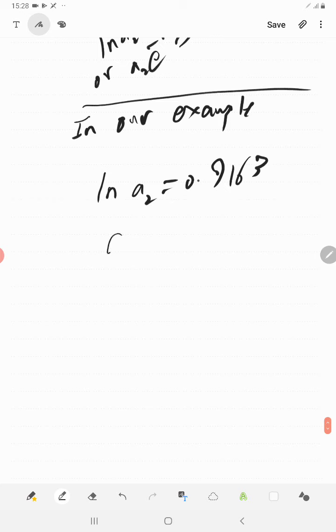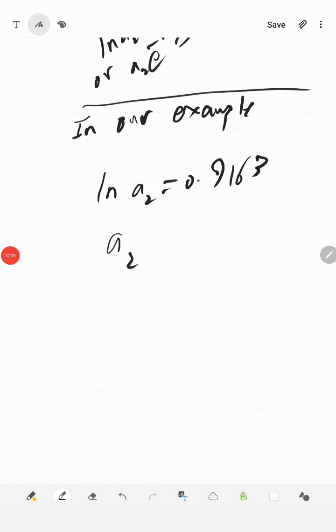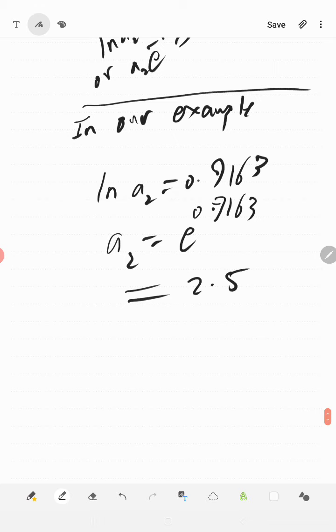A2 is equal to e to the 0.9163, which is, I think, 2.5. Let me check the answer in MATLAB.